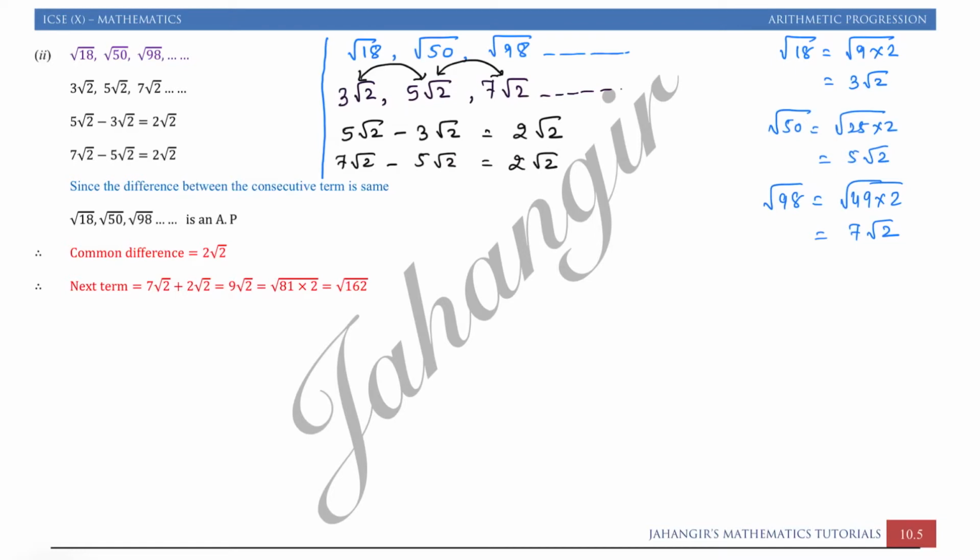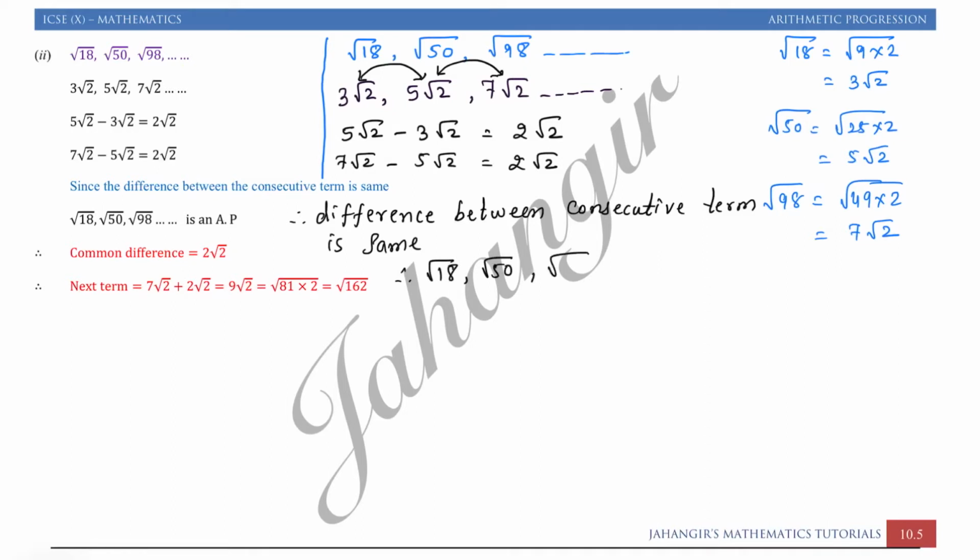So here what we say, the difference between consecutive term is same. So therefore I can say root 18, root 50, root 98 dot dot dot is an AP.